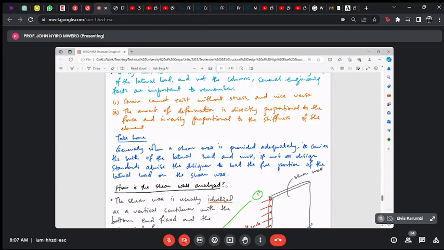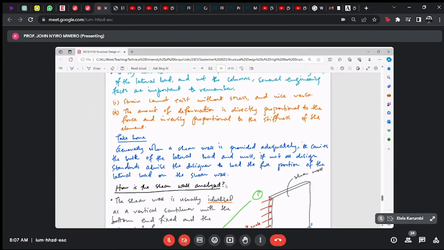We also did mention that this is not absolutely correct, but because the shear wall is a lot stiffer than the other vertical load carrying elements in a building, because of the much bigger stiffness, it carries the bulk of the loading.